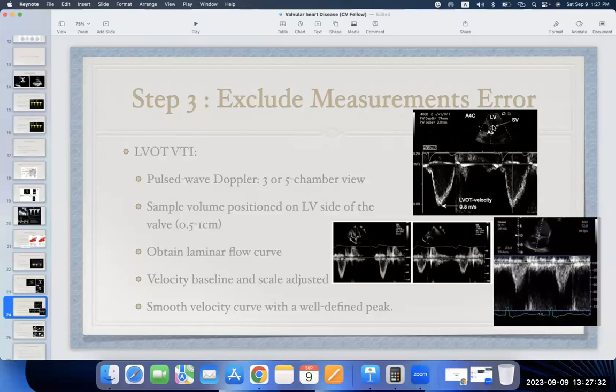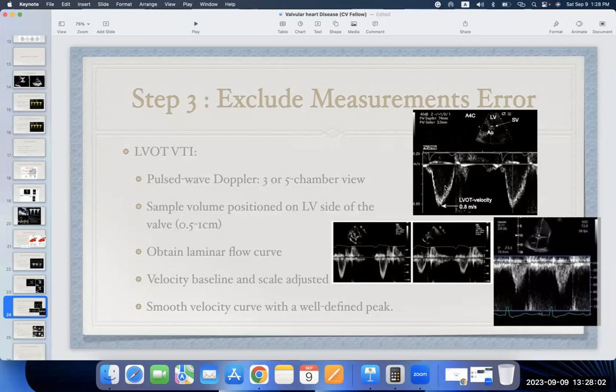If you push the cursor too much toward the aortic valve, you're going to overestimate the aortic valve area, and you will start to see this kind of wave, with a lot of flow acceleration, that indicates you are not getting a good LVOT VTI. This is a beautiful image, because you can see a laminar flow without any significant acceleration.